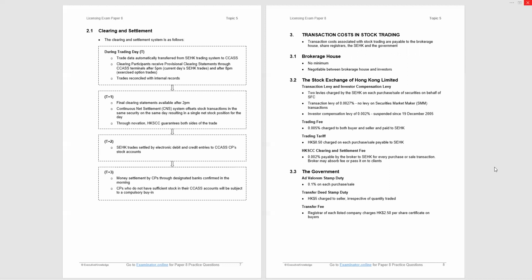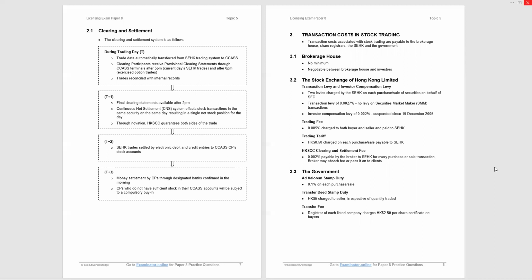Then T+1, the brokers receive their final clearing statements, having received provisional clearing statements the day before. Now, the continuous net settlement system is operated by the Securities Clearing House, which offsets stock transactions in the same security on the same day, resulting in one net stock position for that trading day.